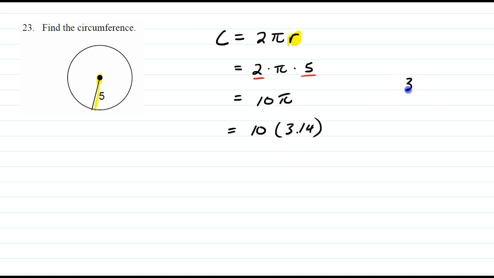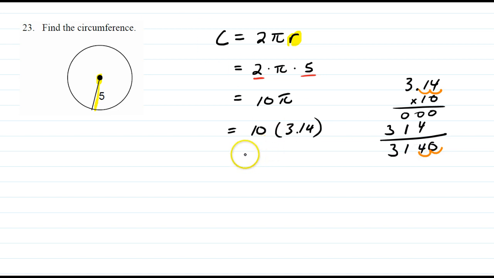When you multiply by 10, it's really easy, because what happens is we get 0, 0, 0, and then 4, 1, 3. The shortcut is, whenever you multiply by 10, you just move the decimal one place to the right.